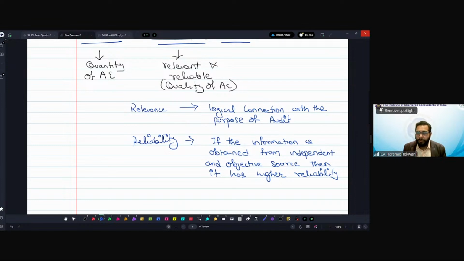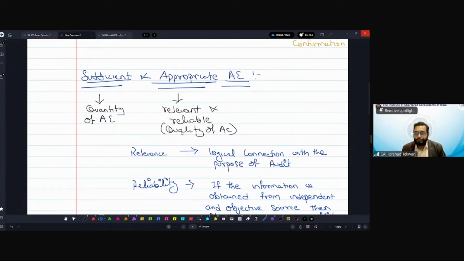Clear? Any doubt? Any doubt till now? So that was the first part that I wanted to discuss on the audit evidence.